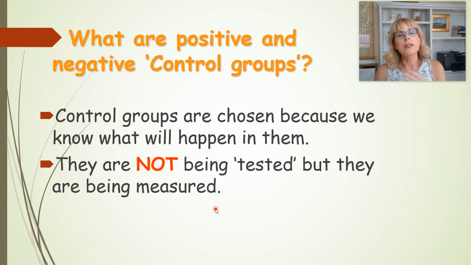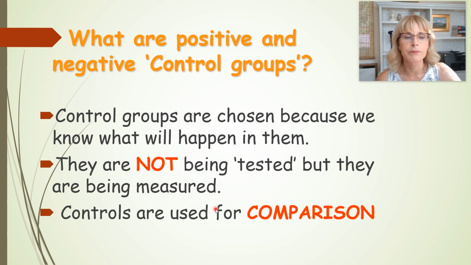Now, these negative and positive controls, they're not being tested, but they are being measured. What do I mean by they're not being tested? Not being tested because we know what to expect from them. They are being measured so that we can say, if I give water to this plant, it grows twice as fast as no water or something like that, okay? They're used for comparison.